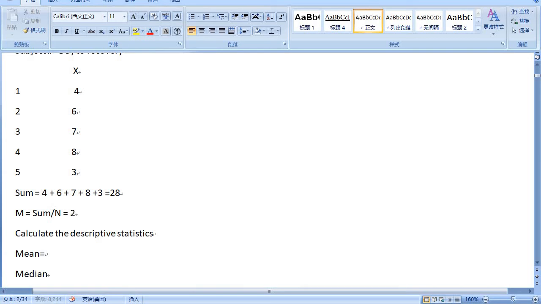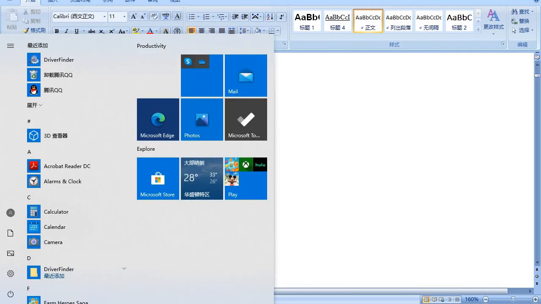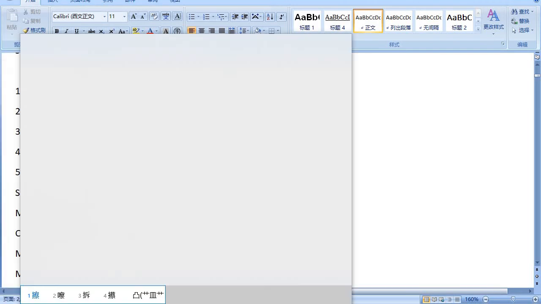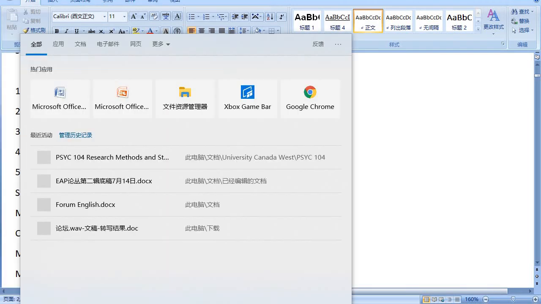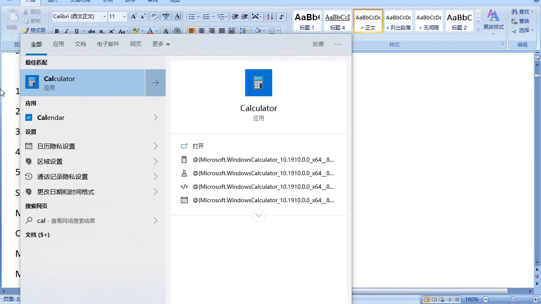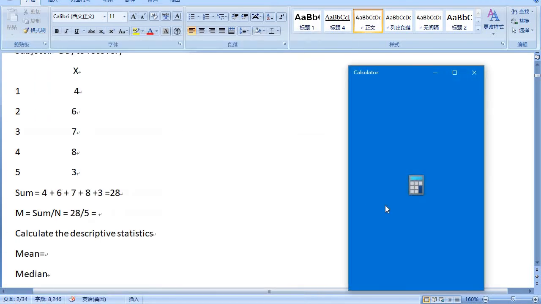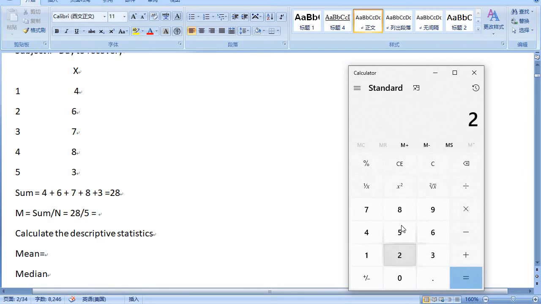So you have 28 over, let's see, 5 people. You have 5 people in the group. Let's see, I'm going to get a calculator. Okay, I got a calculator here. 28 over 5.